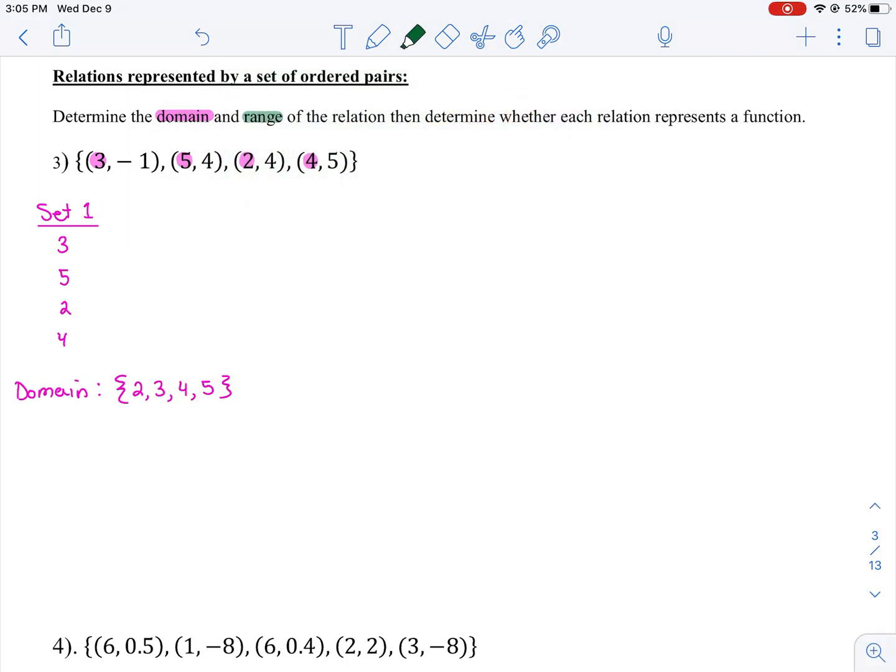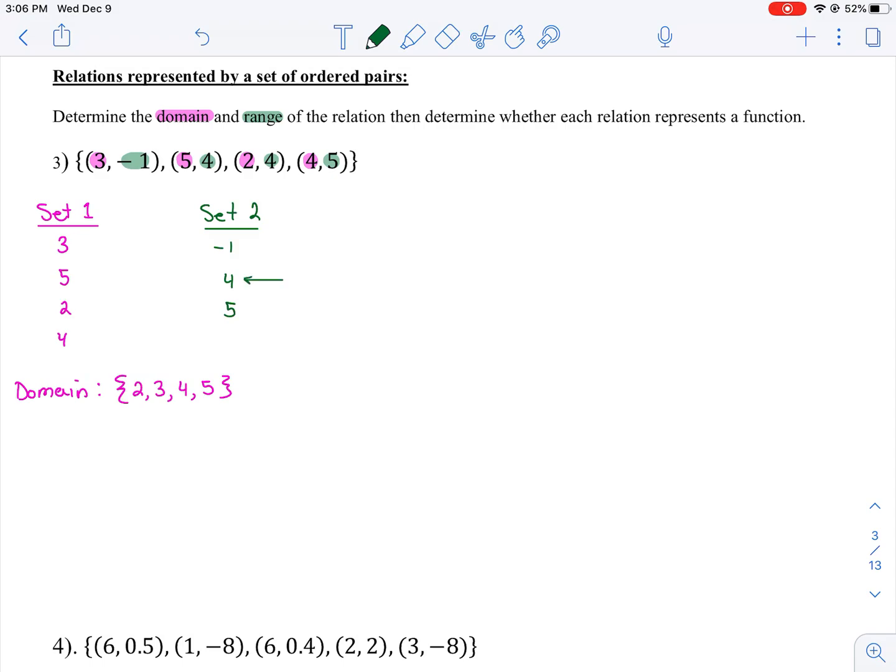All right, now the range is the set of all elements in the second set. And the second set consists of all of the elements that are listed second in each ordered pair. So set 2 consists of the elements -1, 4, and 5.